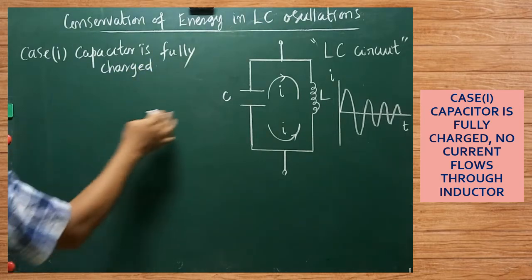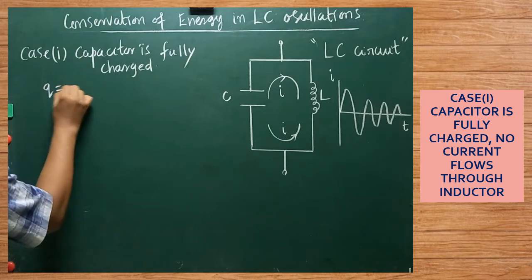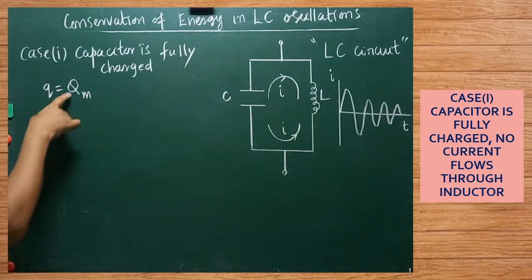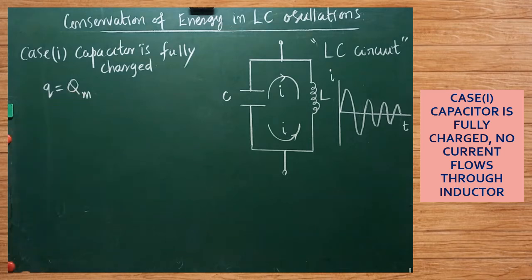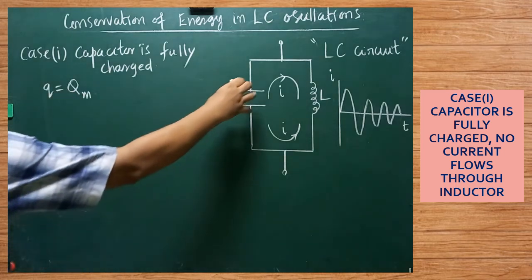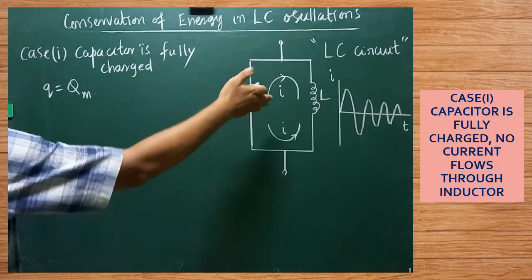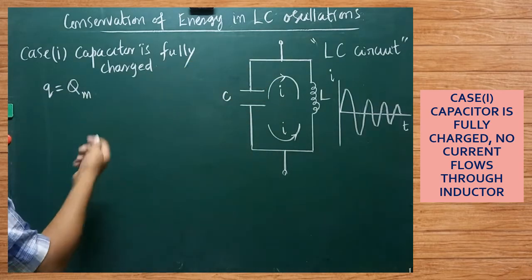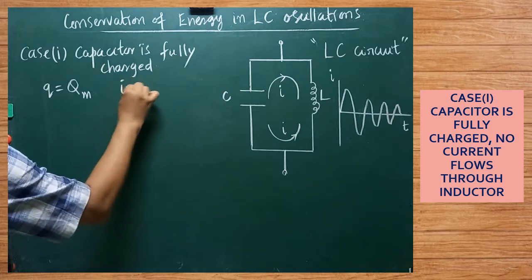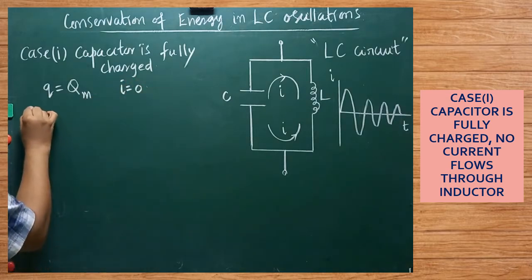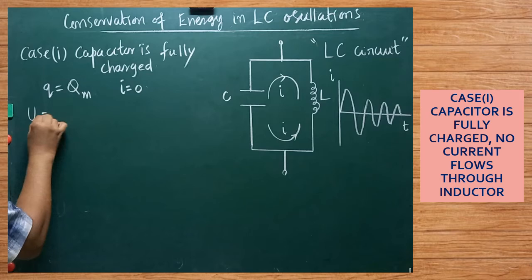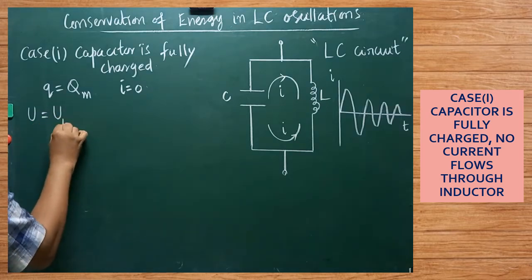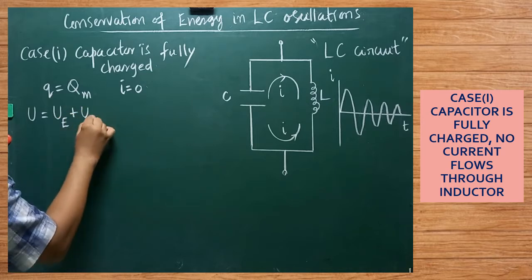So by that time the maximum amount of charge will be stored. The maximum amount of charge stored in the capacitor can be called capital Qm. Are you clear? So when it is fully charged, what will happen? The current which is induced in the inductor will be equal to 0. Now how to calculate the total energy? U is equal to, as I have already told, UE plus UB.